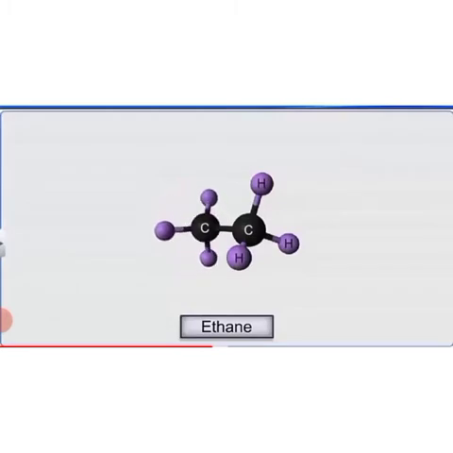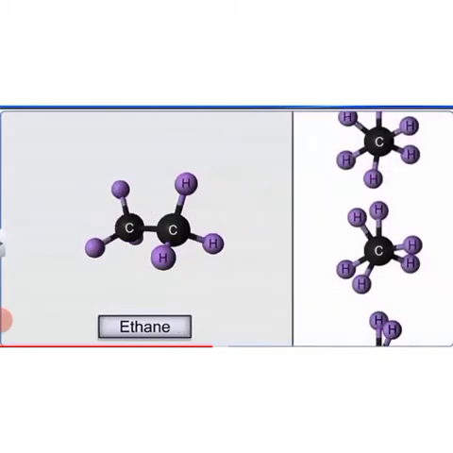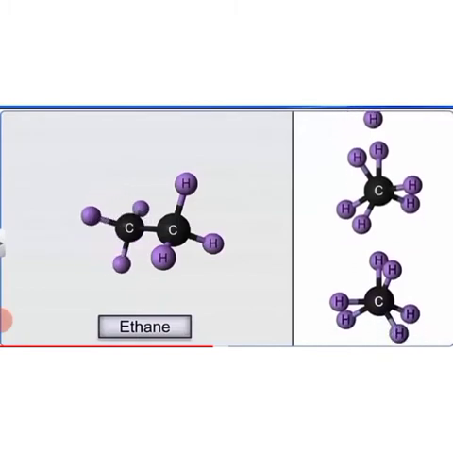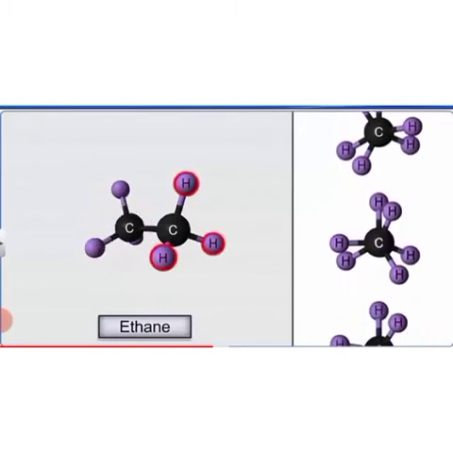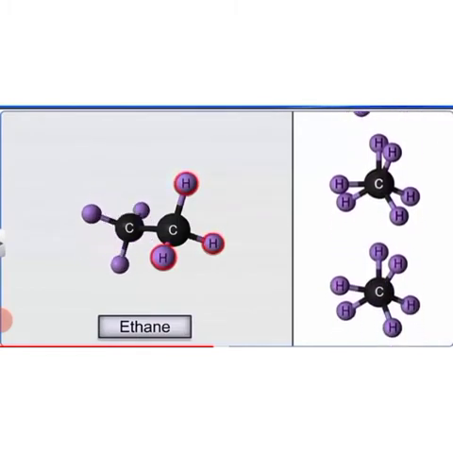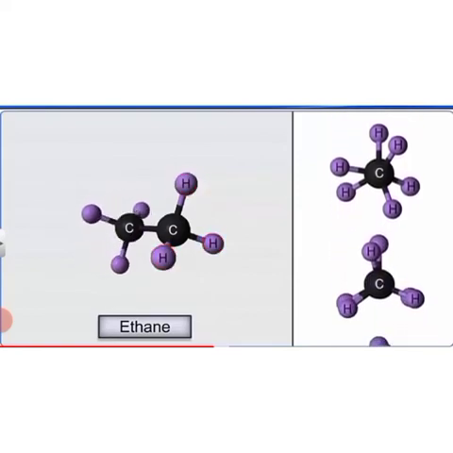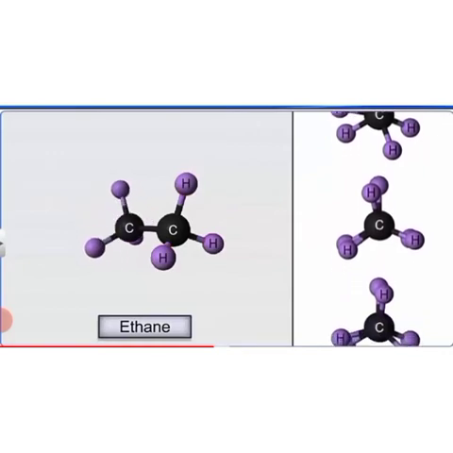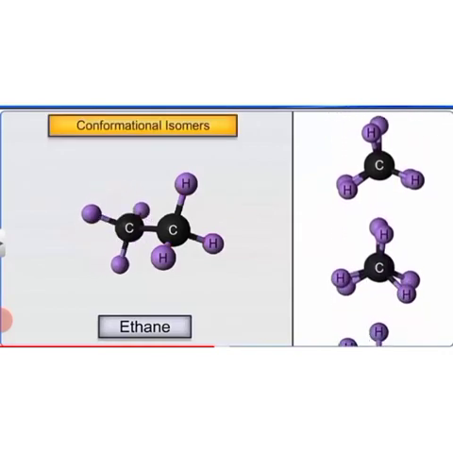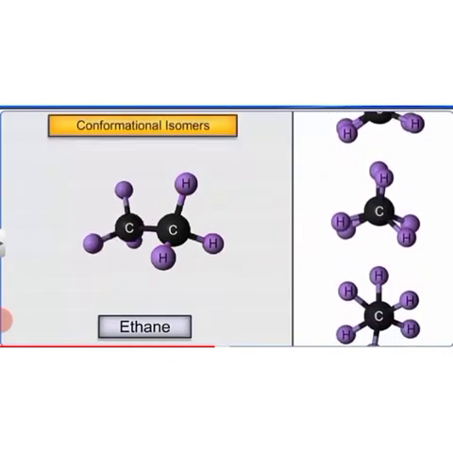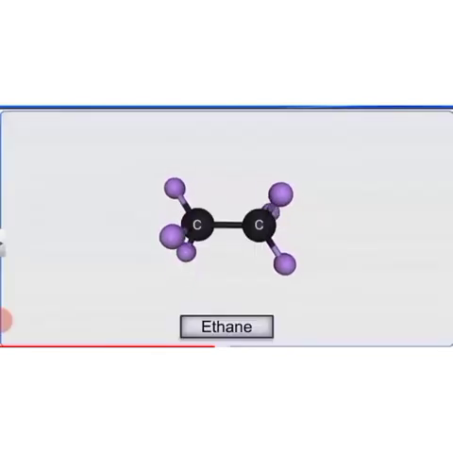You can see that this rotation causes infinite different spatial arrangements of the hydrogen atoms of one carbon atom with respect to the hydrogen atoms of another carbon atom. These arrangements are called conformational isomers. In reality, both the carbon atoms will be going through such rotations, thus increasing the number of spatial arrangements.